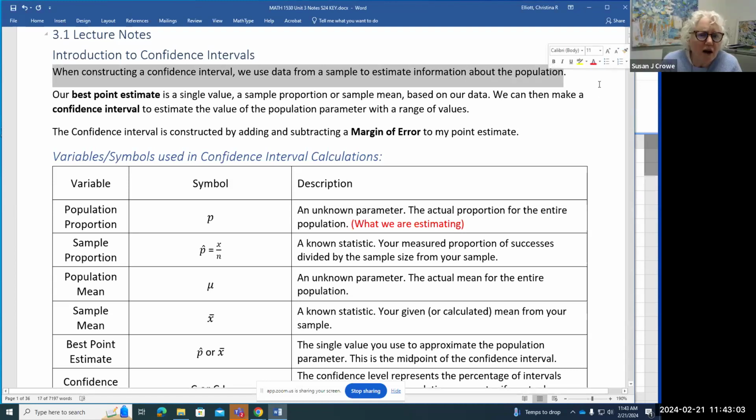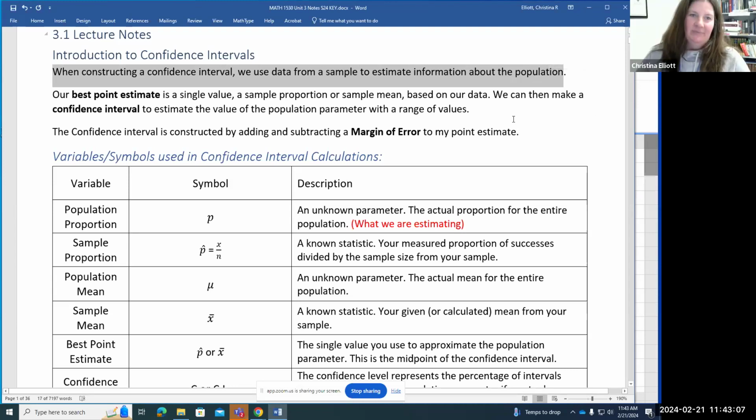We cannot normally ask the whole population, so we're just going to ask a sample from the population and then make an estimate about everybody based on what we saw in the sample. That is really the meaning of inferential statistics: taking sample data to try and infer something about the population.